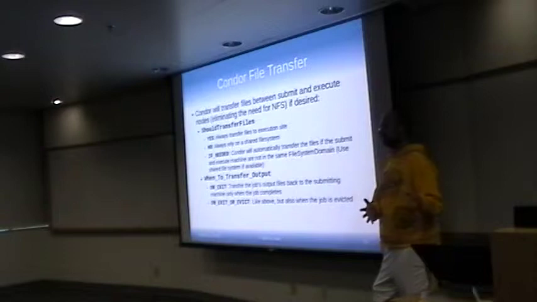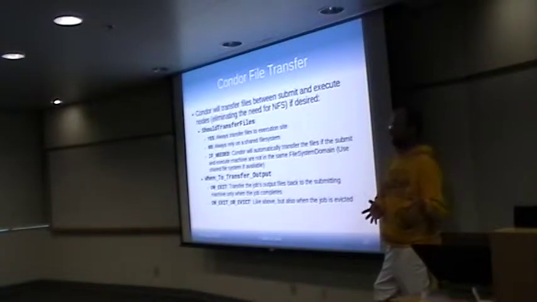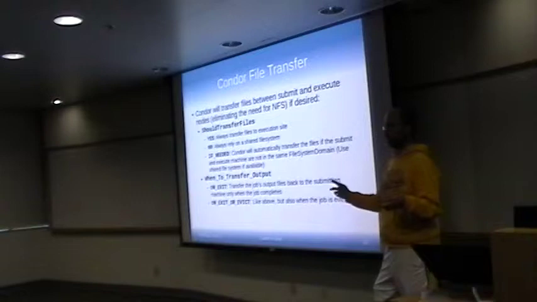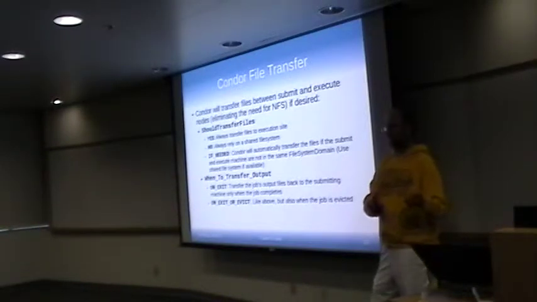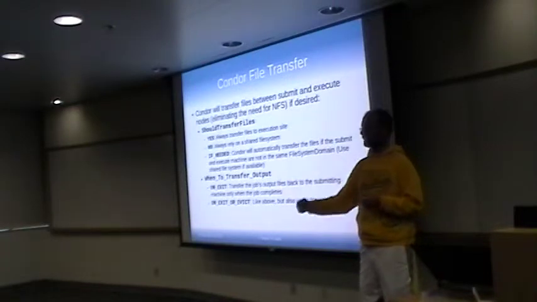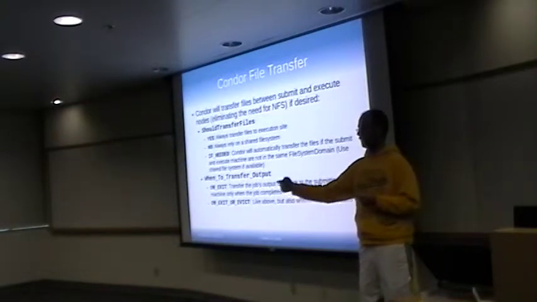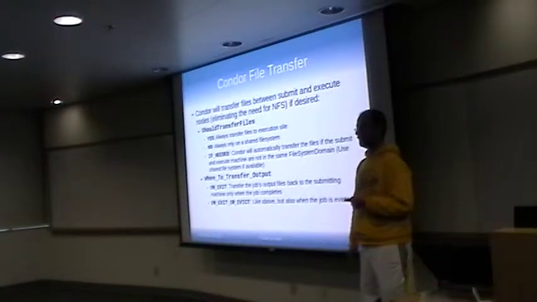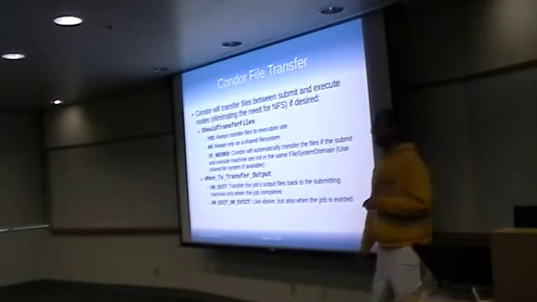This is useful if you want to implement checkpointing in user space. If your job continuously writes something into a file, and if your job is killed, the file is brought back, and then on the next start it is sent to the next worker node, and you can restart from where you left off last time.